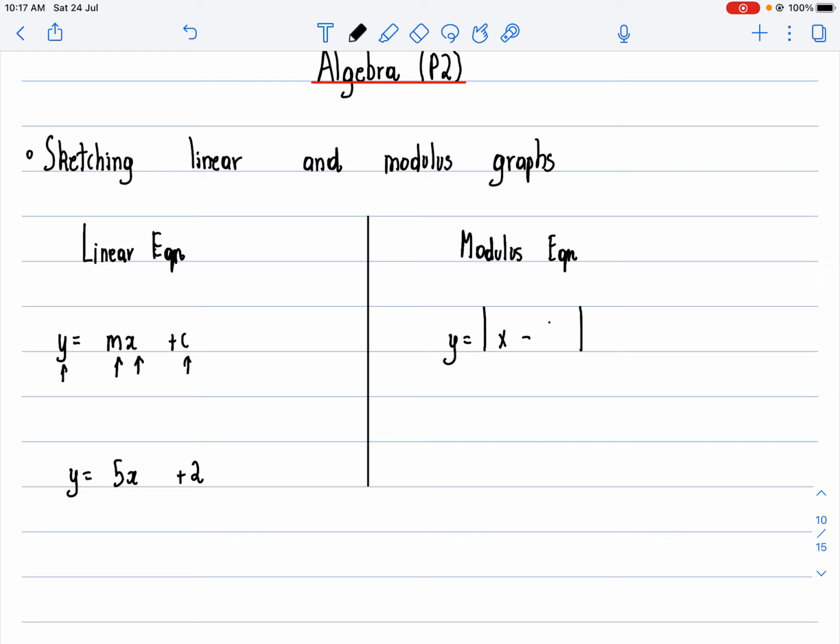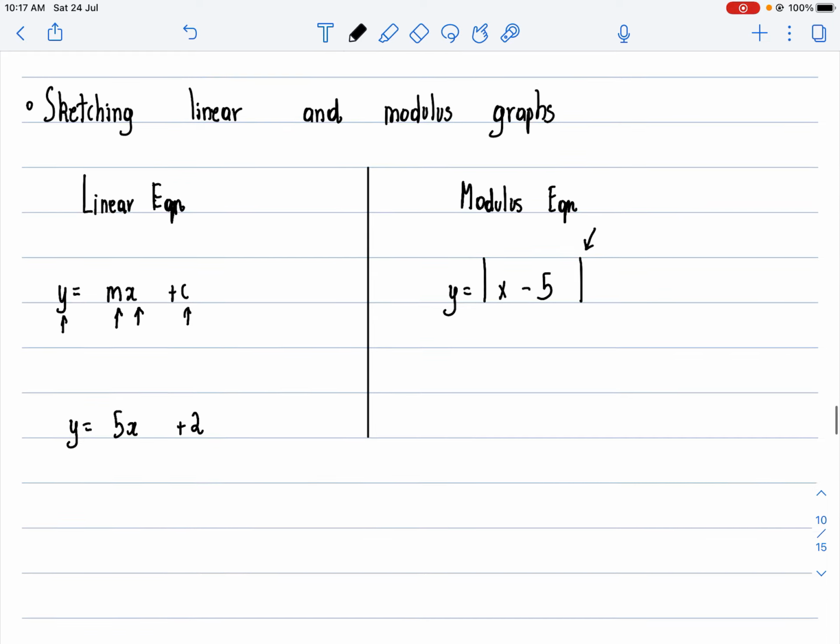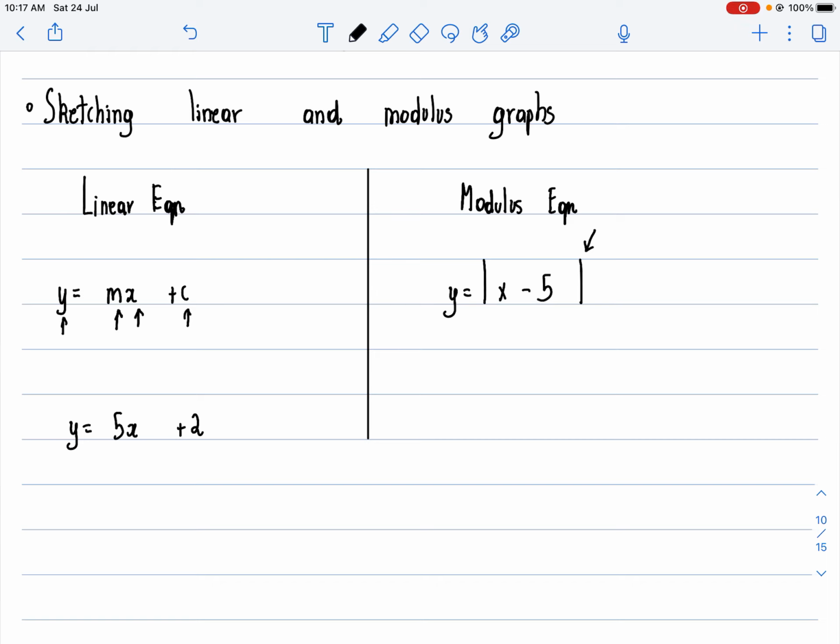Basically the mod will be there. A very important concept to know about modulus graphs is that these graphs are v-shaped.